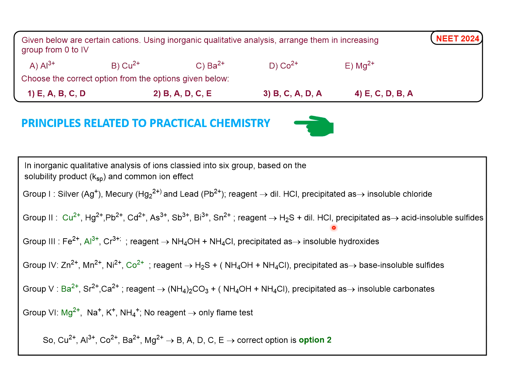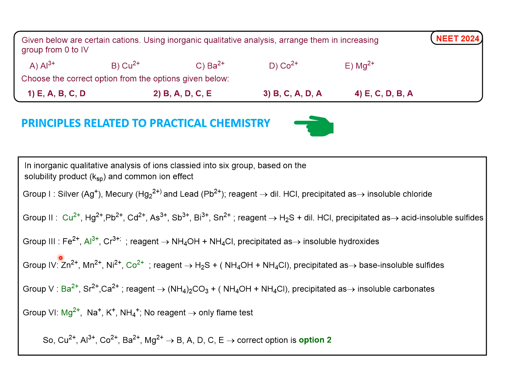The group reagent for identification of these cations is hydrogen sulfide gas in presence of dilute HCl, and they are precipitated as insoluble sulfides. So when H2S is passed in acidic condition, copper 2 plus precipitates as copper sulfide, CuS, mercury sulfide, and so on, each having its distinctive precipitation color.